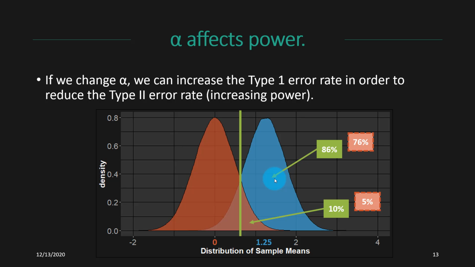But the question becomes, what's more important, a type 1 error or a type 2 error? Those probabilities are inexorably intertwined. We can't get away from one and have perfect confidence. So if we move the probability of making a type 1 error, we might be comfortable saying, hey, false positives are a little less costly right now, for instance, maybe in a more exploratory phase of research.